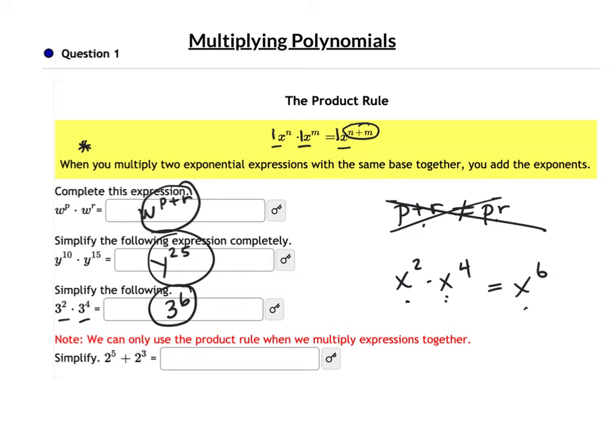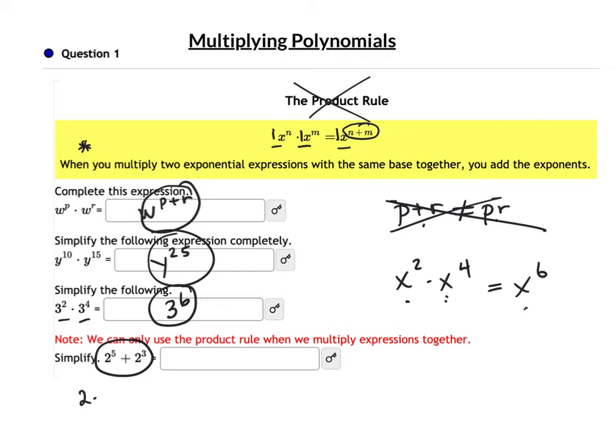Last part here, and the note says we can only use the product rule when we're multiplying expressions. When you multiply the coefficients and you add the powers on like bases. This is not multiplication. It's not the product rule. What do I do then?